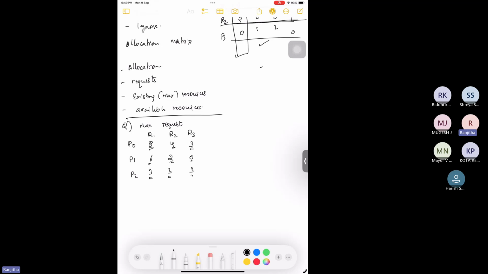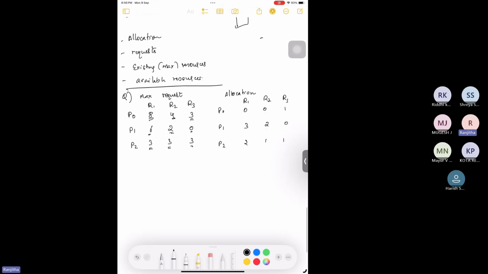Now, there is another piece of information, that is the allocation. Currently, how much is allocated to each of them? P0, P1 and P2, R1, R2 and R3. So the allocation is 0, 0, 1 for P0, 3, 2, 0 for P1 and 2, 1, 1 for P2.